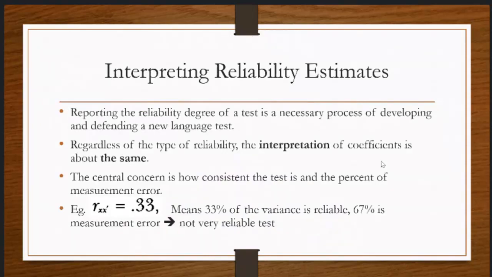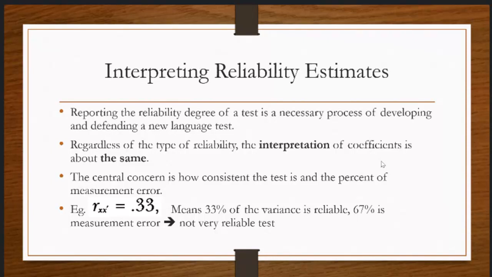So, how to interpret reliability estimates? Reporting the reliability coefficient of the test is very important to develop and defend a test. The interpretation of the coefficient should concern the consistency of the test and the percent of measurement error.